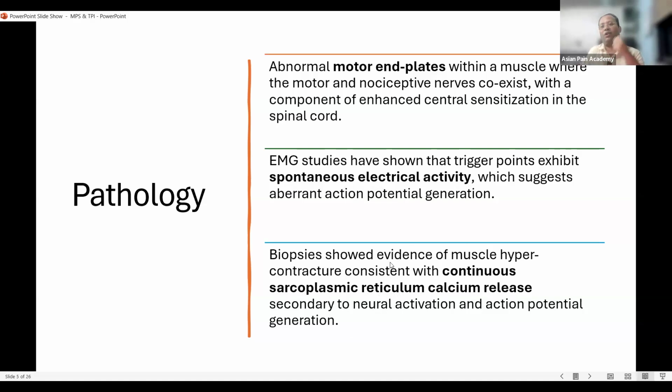The muscle remains contracted for a long time, consistent with continuous calcium release, secondary to neural activation and action potential generation. Just remember that spontaneous electrical activity will come from a knot-like structure in the muscle. That's it.